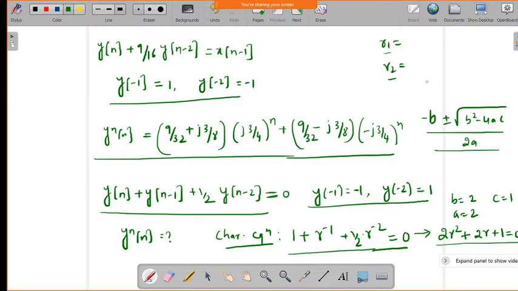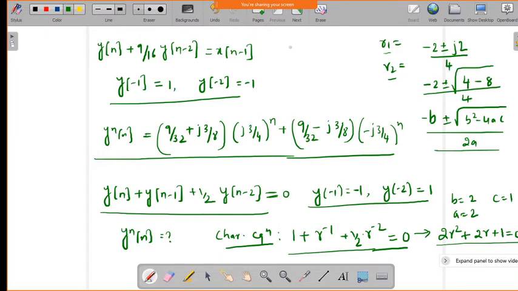So minus 2 plus or minus square root of 4 minus 4 into 2 into 1, that is 8, divided by 2 into 2, which is 4. So what you will get? Minus 2 plus or minus j, the square root of minus 4 is j into square root of 4, which is 2, divided by 4.